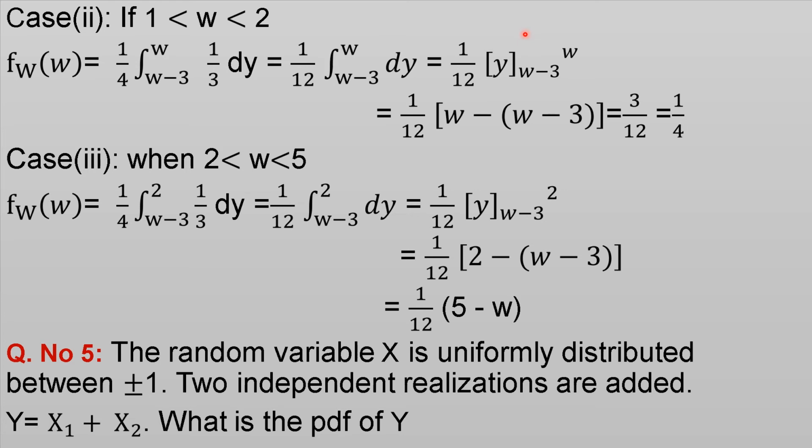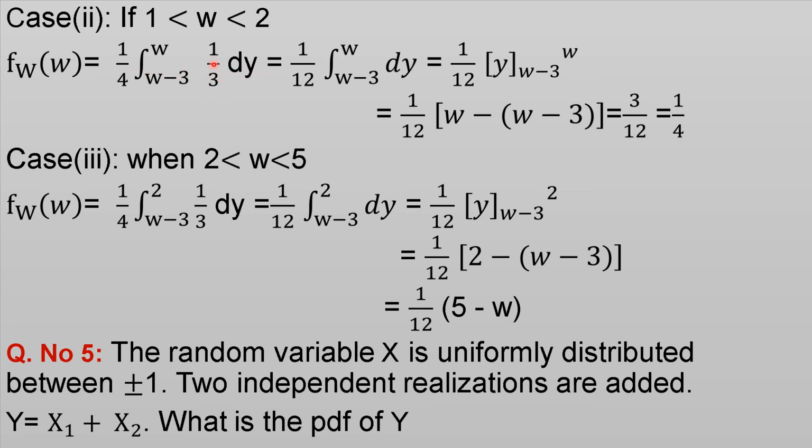So y should be greater than w minus 3, and that w minus 3, greater than -2 and less than -1, comes in the range of y values. So the lower limit is w minus 3, and for the upper limit, y should be less than w. And now that w is between 1 and 2, which lies in the interval of y, the upper limit is that w value. 1 by 4 into the integral from w minus 3 to w of fx of w minus y, and fx of w minus y is 1 by 3, dy.